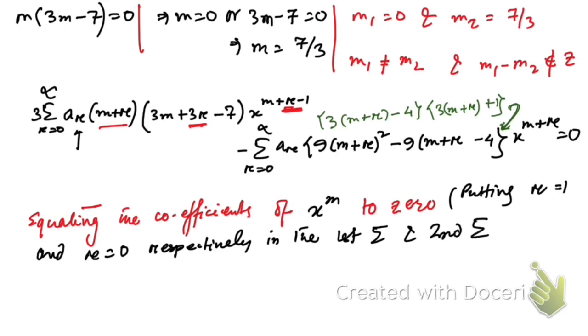Do write the word summation, though I have used the symbol. In order to save time I have written the symbols only, right?